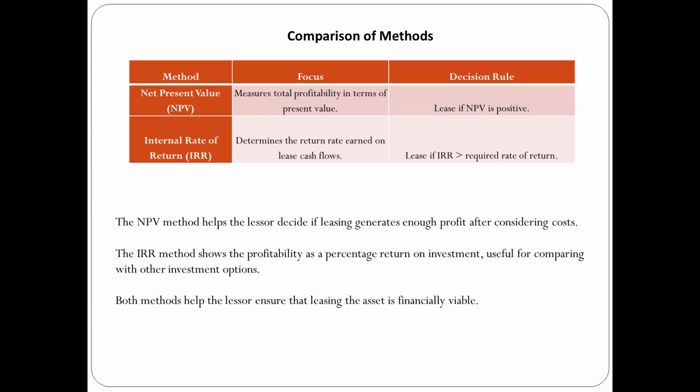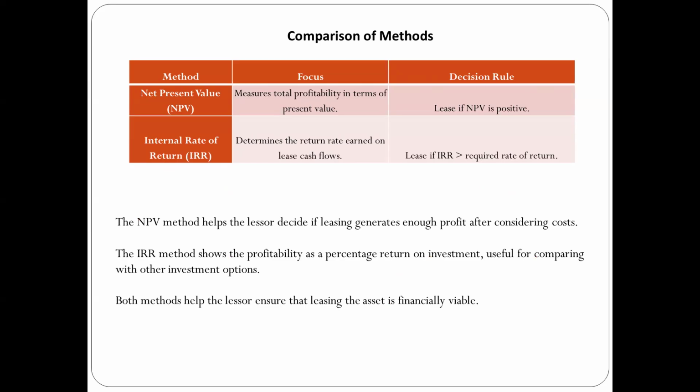Next point is comparison of methods, in which there is one chart given, which includes method, focus, and decision rule. In method, the first point is net present value, NPV.